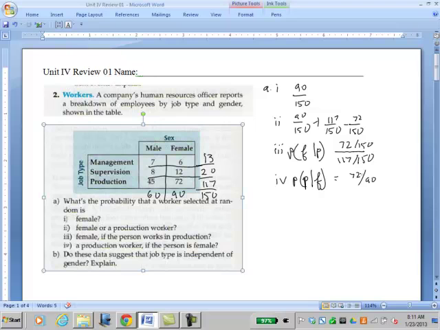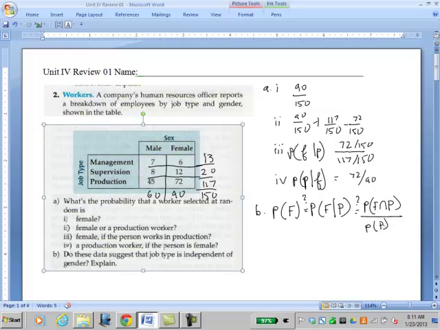B. Do these data suggest that job type is independent of gender? Does the probability of being female equal the probability of being female given that you are a production worker? In other words, does it equal the probability of being female and production over the probability of being in production?